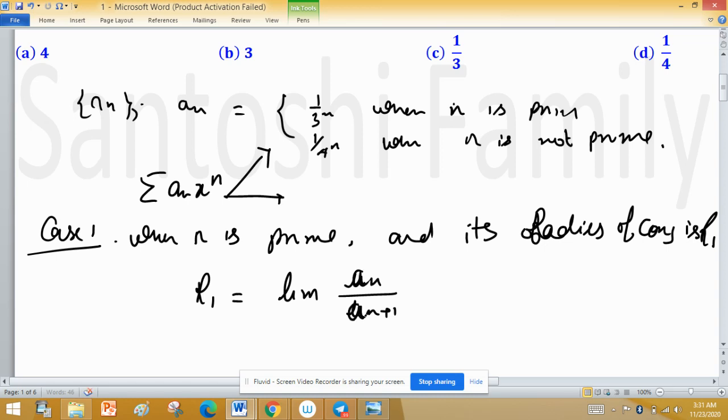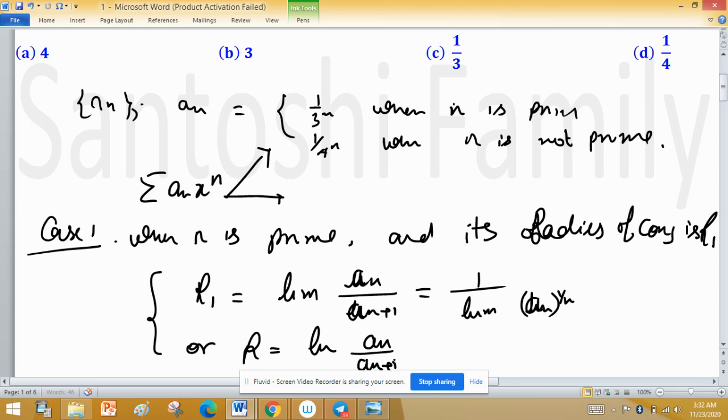Then capital R1 can be obtained by limit u_n upon u_(n+1), or here a_n is used, so a_n upon a_(n+1), or 1 upon limit u_n raised to the power 1 upon n, a_n raised to the power 1 upon n. These are only ways of writing the radius of convergence: R equal to limit a_n upon a_(n+1), or 1 upon R equal to limit a_n raised to the power 1 upon n.